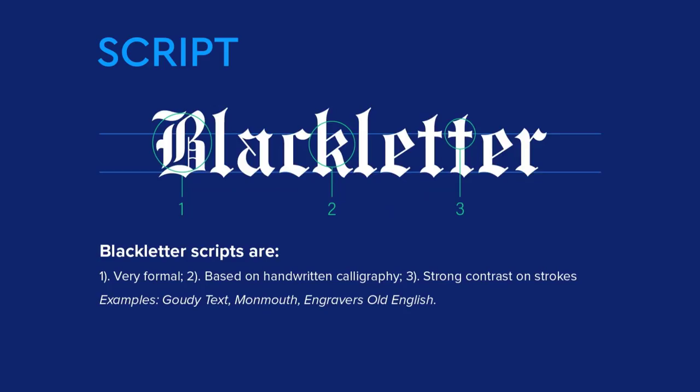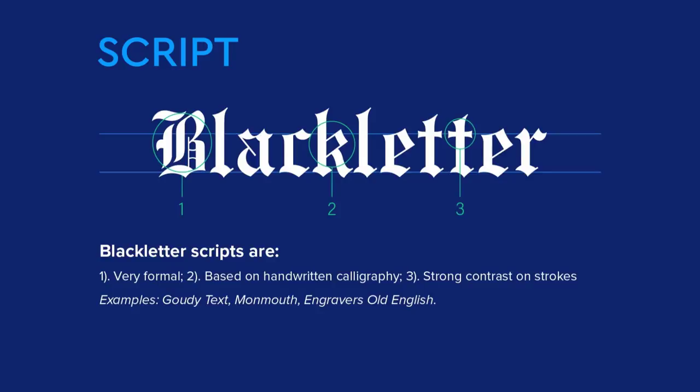Blackletter is also one of the subcategories under script. In the place highlighted as number one, you find it being very formal, very prim, very proper. And the K, number two, is based on handwritten calligraphy.